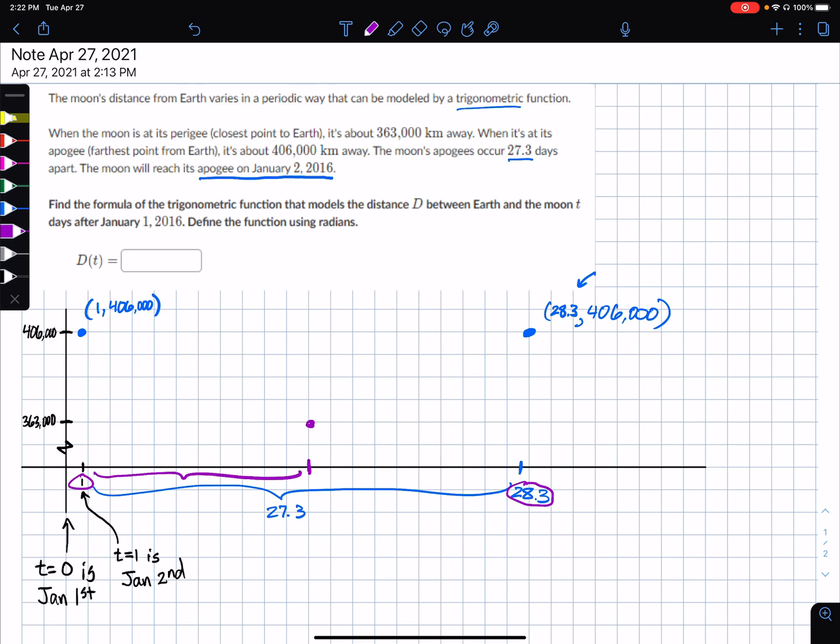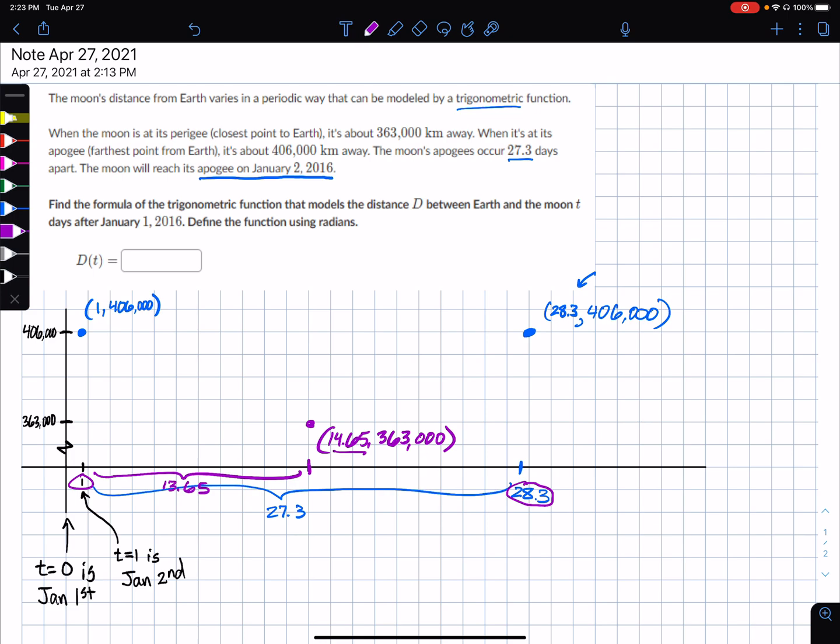So half of 27.3 would be 13.65. So 14.65 comma 363,000. Okay, so half of that 27.3 was 13.65, and then I just added that to 1 to get my x value.